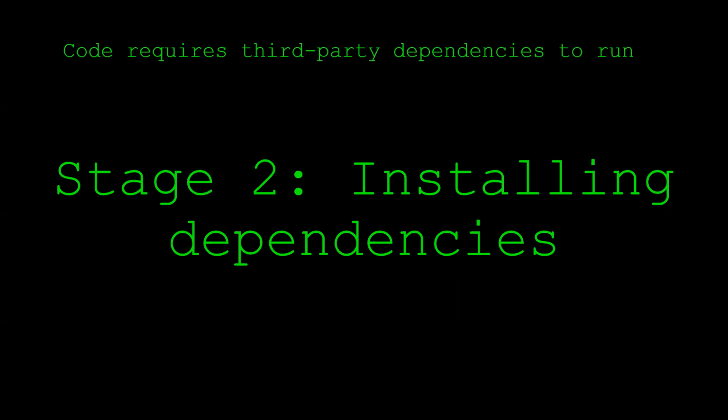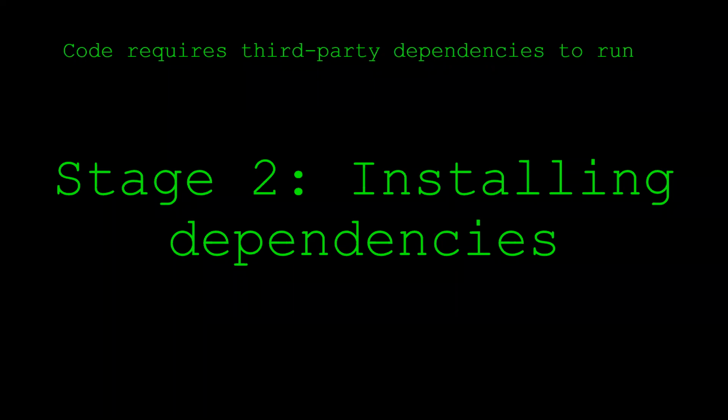And this test code, and the same goes for application code, requires third-party dependencies to run. Now you could technically download all of those dependencies and store them in your version control together with the code that you're working on. Please don't do that. That's what package managers and dependency managers are for, because that code isn't actually part of the project that you're working on.